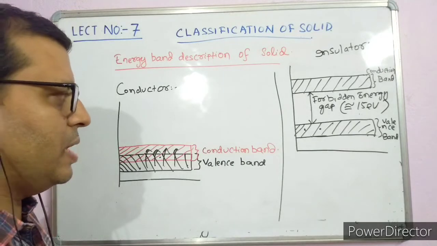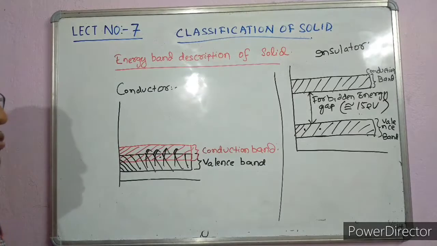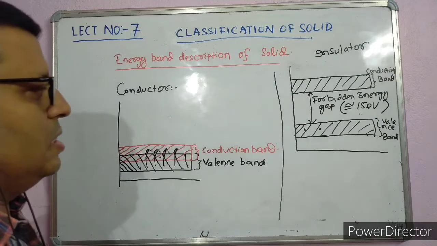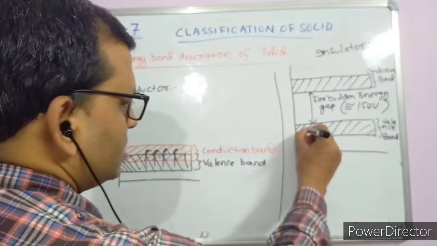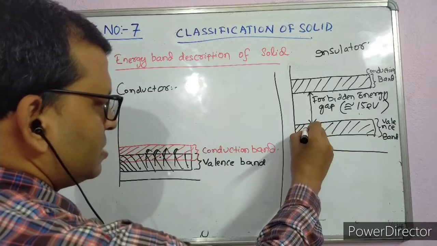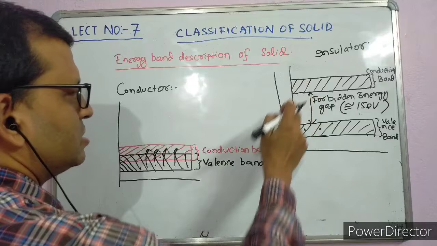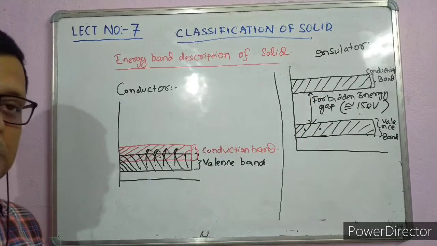But one thing, my dear friends: if the temperature of the insulator is increased, what happens? These electrons get sufficient energy, so that some of the electrons can come to the conduction band.